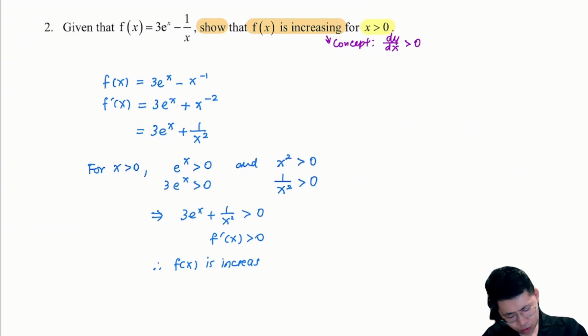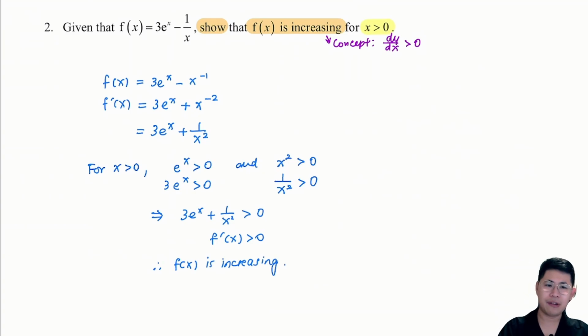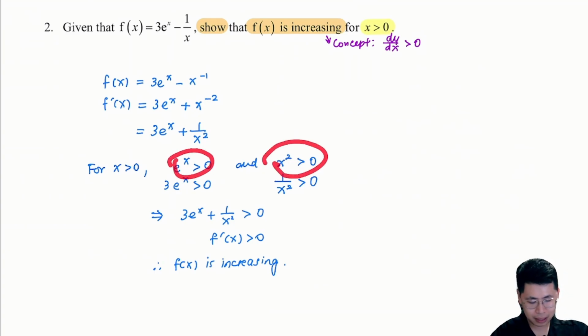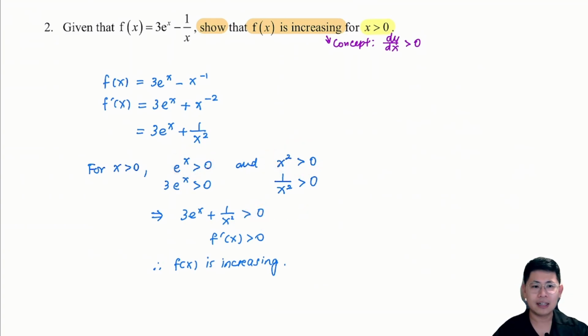Now, you're going to ask me, hey, this one is very redundant. Why do we need to present like this? In mathematics, this is the way that we prove. When we want to prove that something is always positive or always negative, we look at it term by term, and then we sum them up together. If both are positive numbers, when we add them up together, it's also positive.